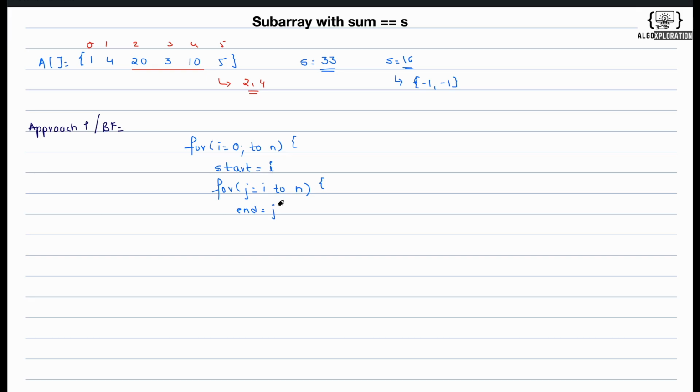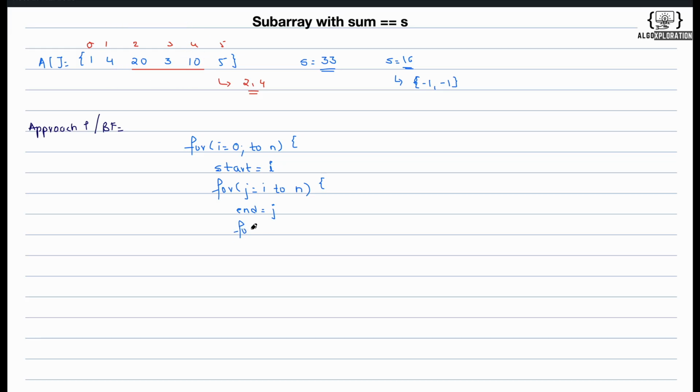Okay, now we have start and end. So let's say if we have start here, and the end is here, so we have to iterate from start to end. That means 1 to 4. Inside this what we are going to do, we are going to find the sum as well, on the go.